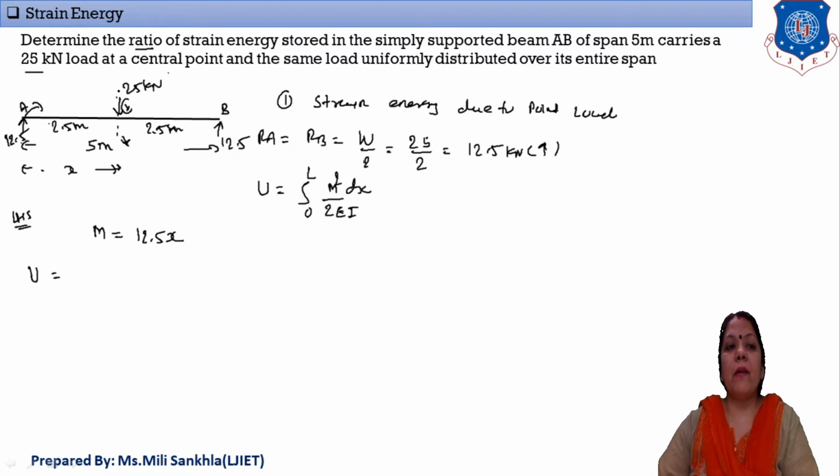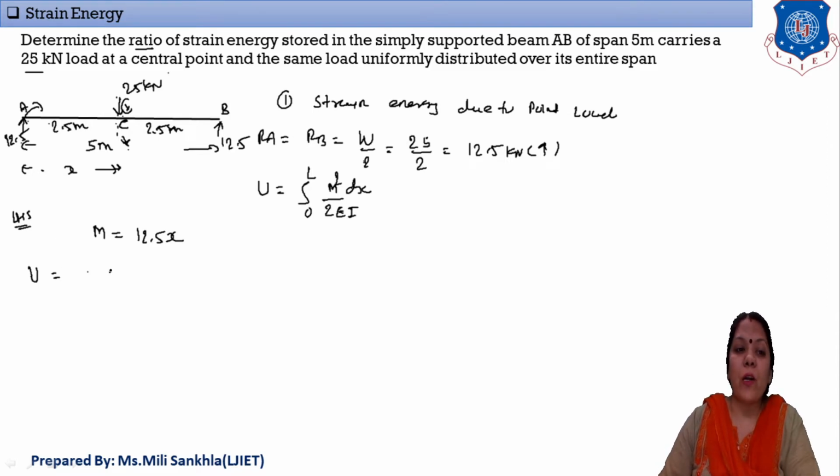Here I take the center portion, and suppose I give it notation C. Here we have AC and BC, and we have to sum the strain energy of portion AC and portion BC. Since the point load is at the center point, the limit we take is half.